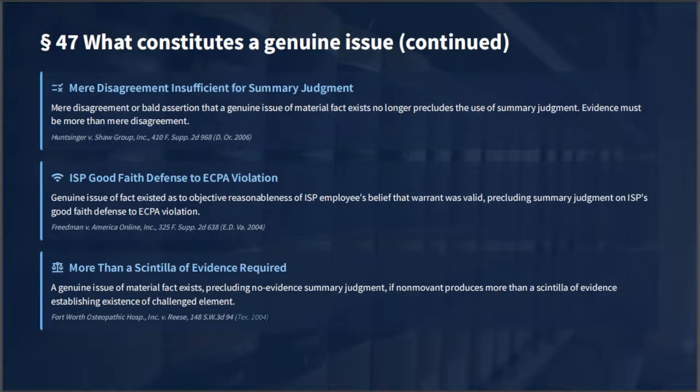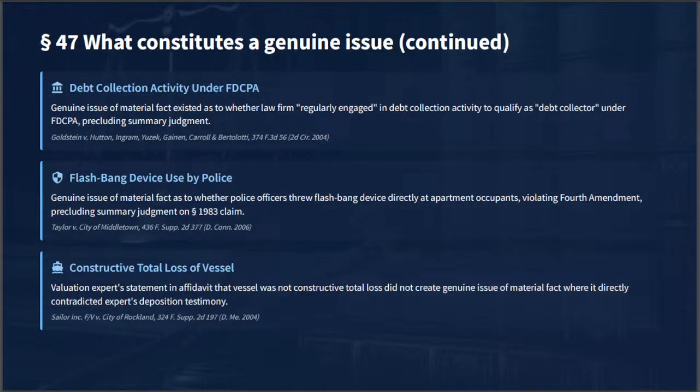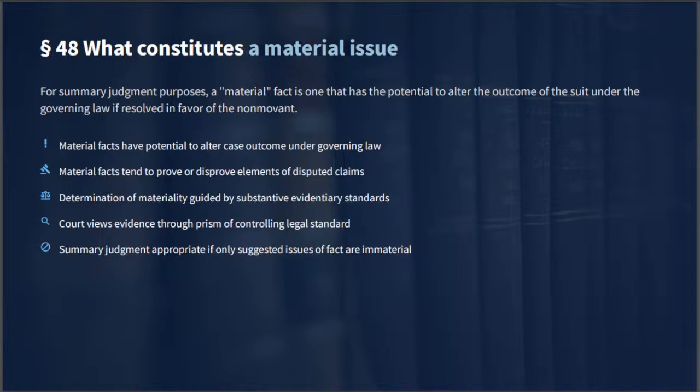All right, and that takes us on to Section 48. What constitutes a material issue? So we had what constitutes the issue of fact, right? What constitutes a genuine issue? And now we get what constitutes a material issue.